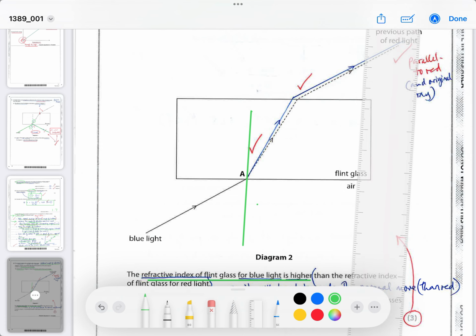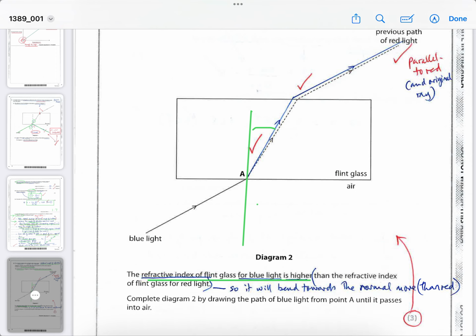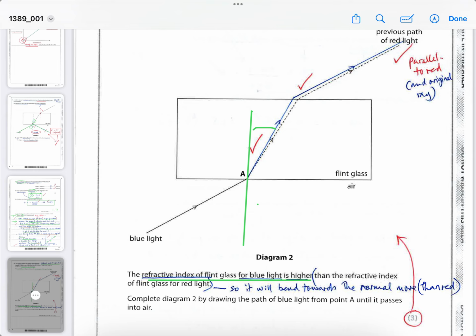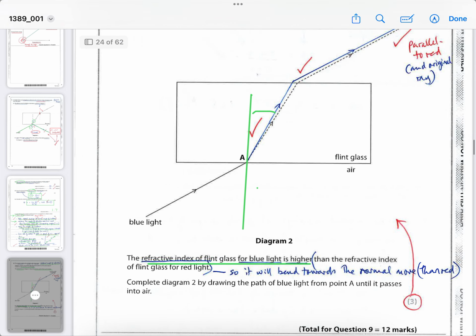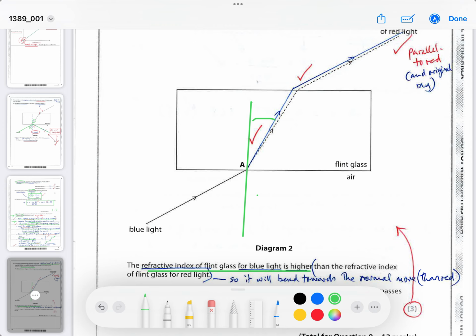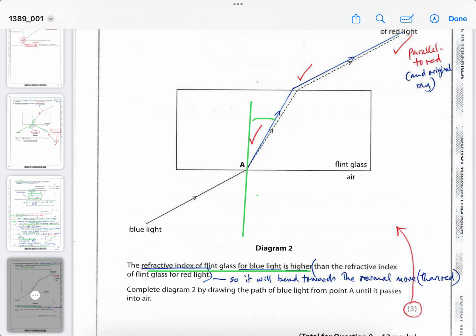So when you see the blue light here, this angle that it makes, the blue light is bending more towards the normal than the dotted line, which was the red light, because it says that the refractive index for blue light is higher than the refractive index for red light. So I put here, it will bend towards the normal more than the red light.